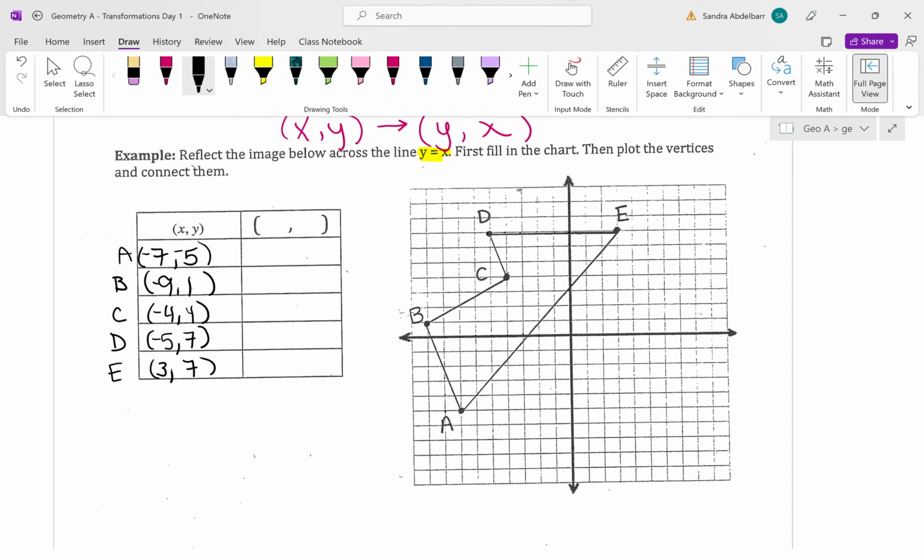And the rule for reflection over the line y equals x tells us just switch your x and y coordinates. So what does that mean for us? That means our A prime will be negative 5, negative 7. My B prime will be 1, negative 9. Our C prime will be 4, negative 4.